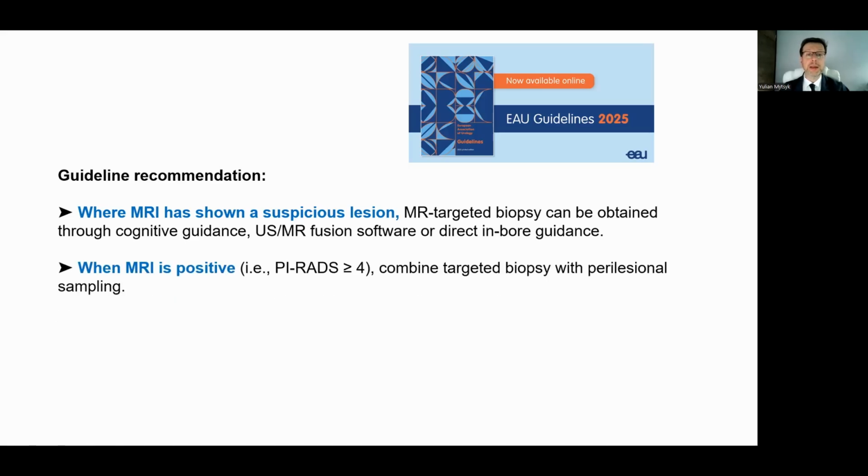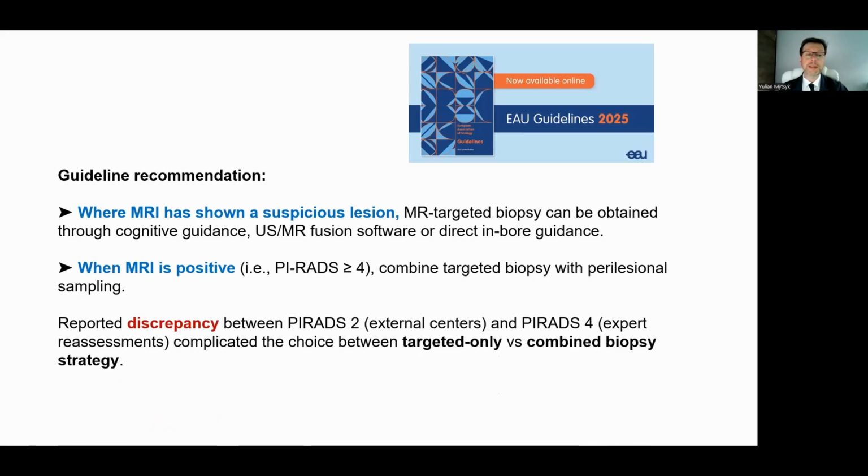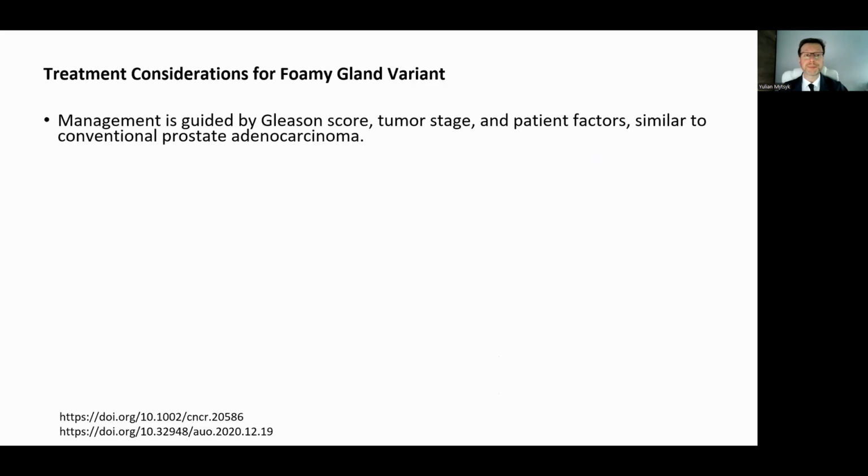And when the MRI is positive, for example as in our case, where a PI-RADS 4 lesion is observed, we should combine targeted biopsy with perilesional sampling. The reporting discrepancy between PI-RADS 2 in external centers and PI-RADS 4 in expert reassessment, in our case, complicated the choice between targeted-only and combined biopsy strategy.